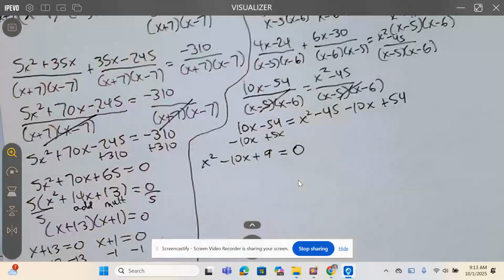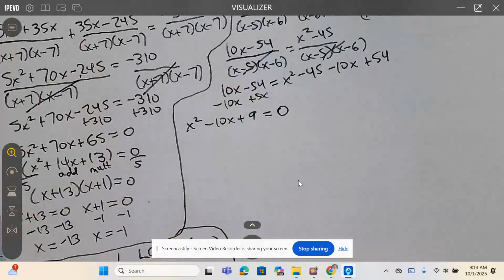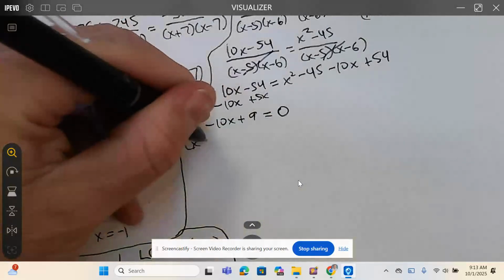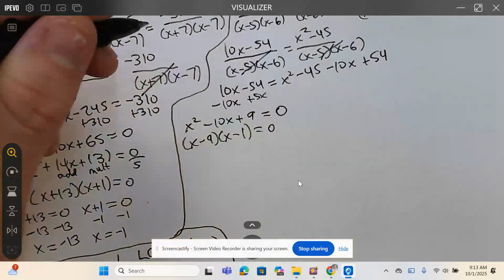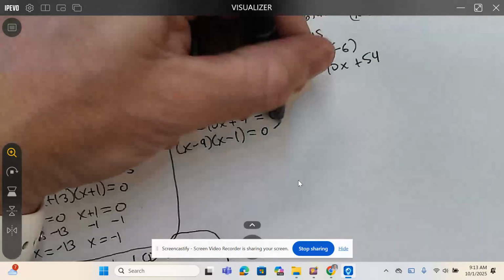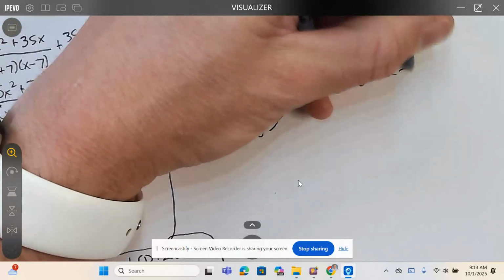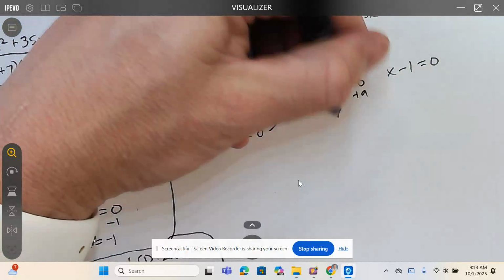Yes, it's factorable, though. Thank goodness it's factorable. So what multiplies to 9 adds negative 10, negative 9, negative 1. So x minus 9 equals 0. x minus 1 equals 0. Add 9, x equals 9.